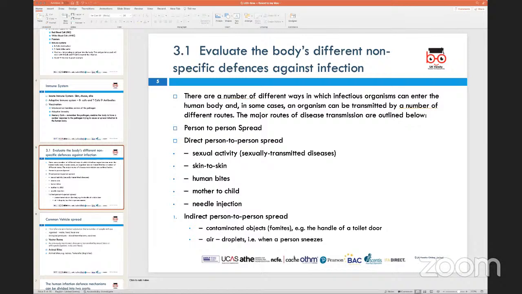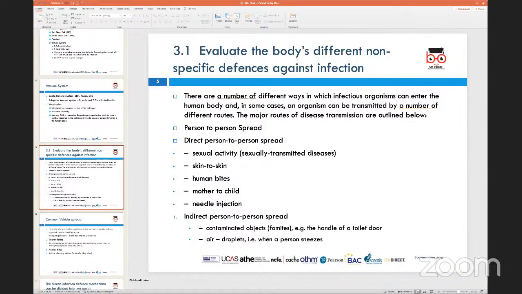So when we say non-specific defense barriers, the term that should come to your mind straight away is physical or anatomical barriers, and they would be skin, your mucous membrane, your hair, and any sort of external barrier which is going to prevent the pathogen from causing infection in the human body.